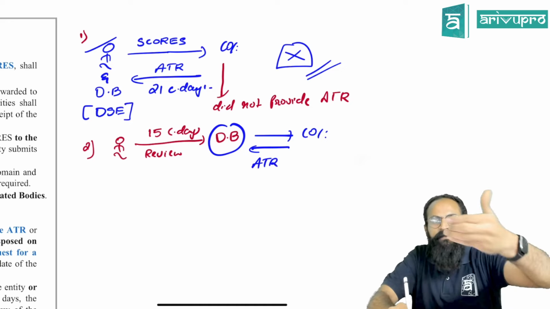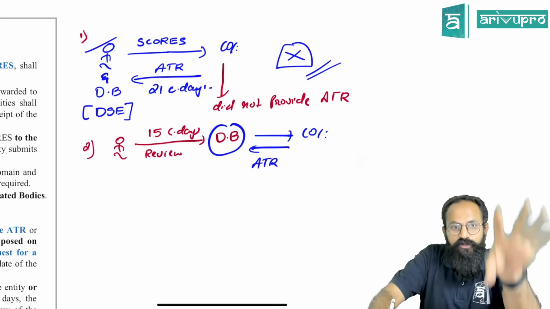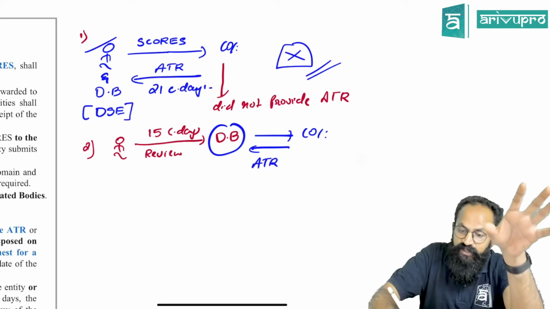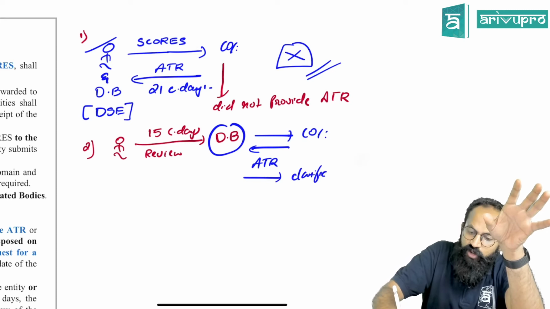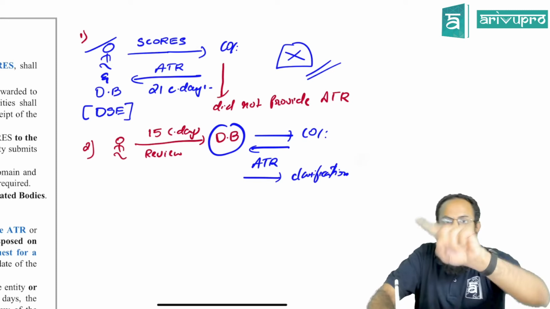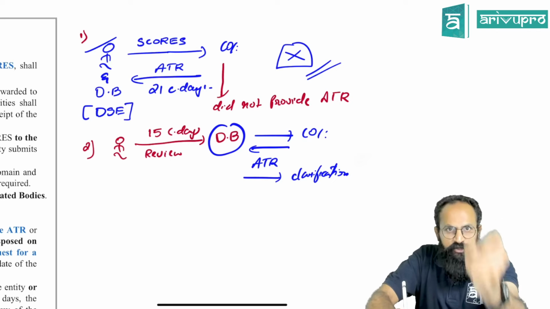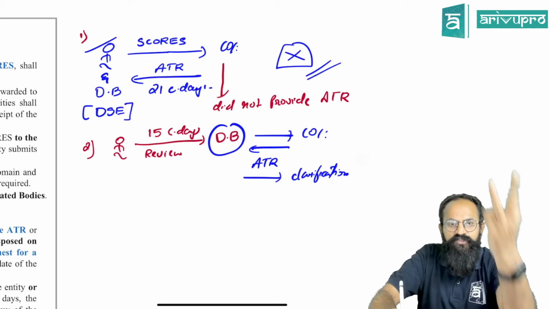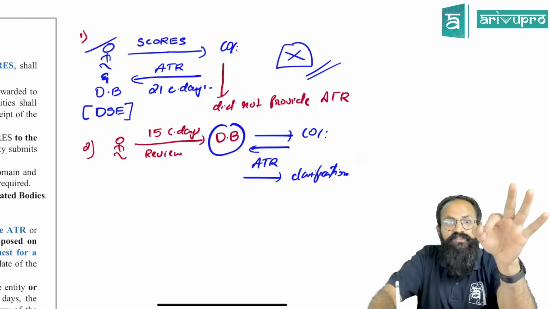They will try to improve the solution. Now that will be given to the designated body. If at all the DB is still not satisfied, the DB will still ask for more clarification. Now all of this, within how many days should the company give it to the DB? The DB will clearly specify: you need to give it to me within 2 calendar days, 3, 4, 5. The DB will clearly specify. Why, sir?